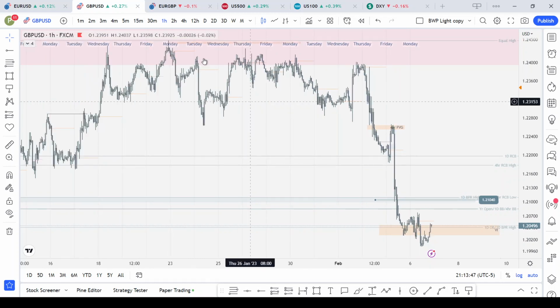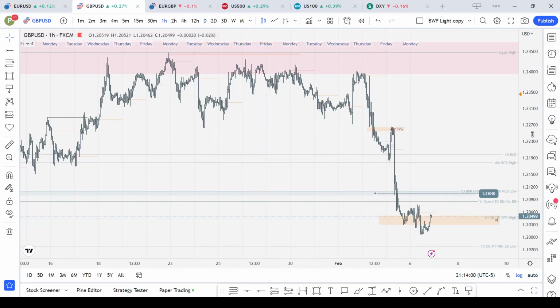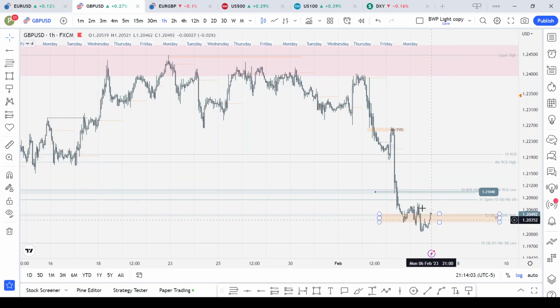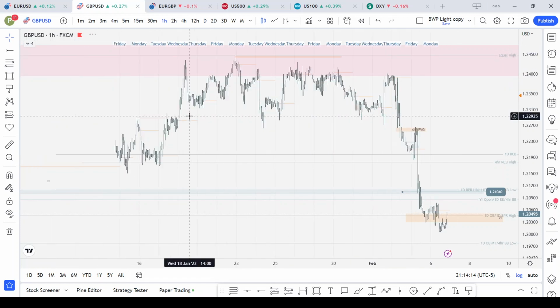We have a potential market maker buy model, but I don't know if this is going to play out because it looks extremely weak. And perhaps it will play out. If you get a break of structure here, I'll be leaning more to the upside on GU. I'll be looking to see if it will be willing to clean out these highs. I don't like seeing relative equal highs like this.